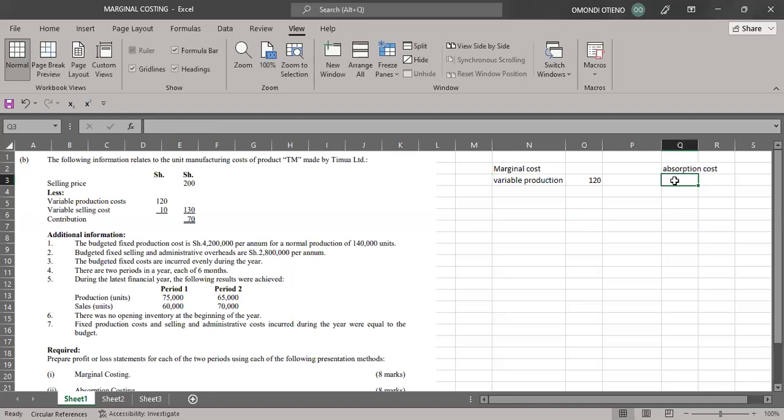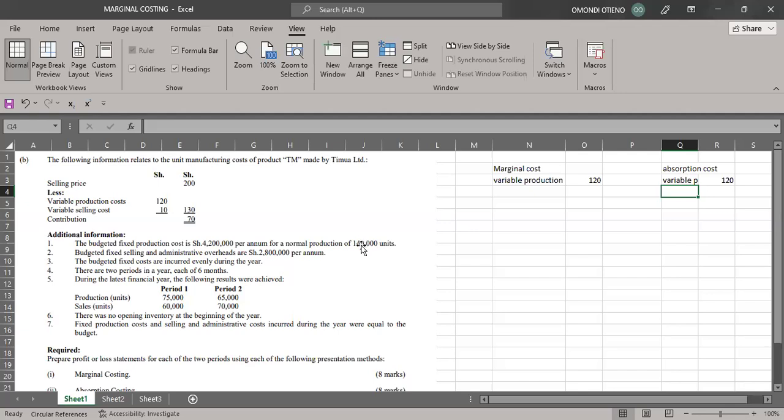How about absorption costing? So absorption costing is a combination of what we call variable production cost and also fixed production overheads. The fixed production overheads, from the word absorption, are normally absorbed into the production process using an absorption rate, right?